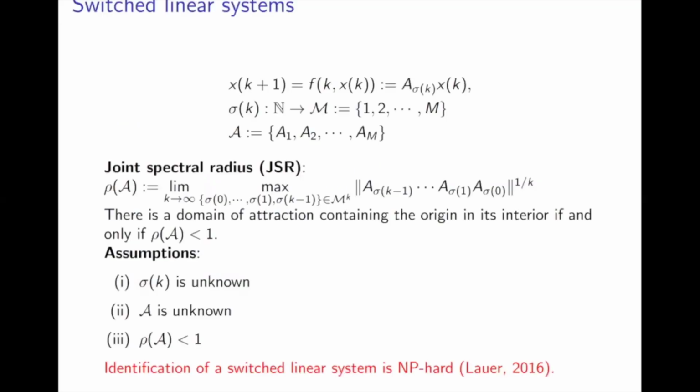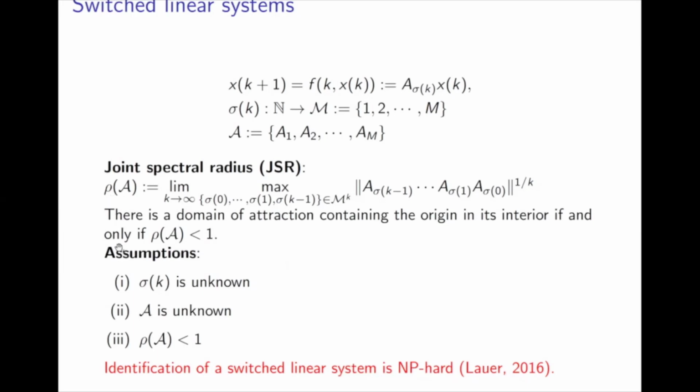So in this talk, we are interested in switch linear systems, which are systems that are switching among a finite set of dynamic models. Here, an important concept is called the joint spectral radius, which is used to describe the stability of such a system. So if the joint spectral radius is less than 1, then the system is asymptotically stable for any switching sequence.